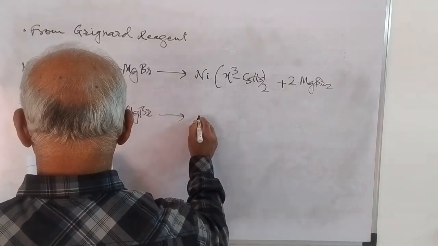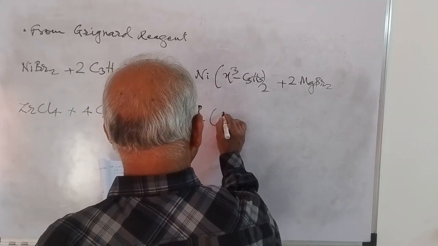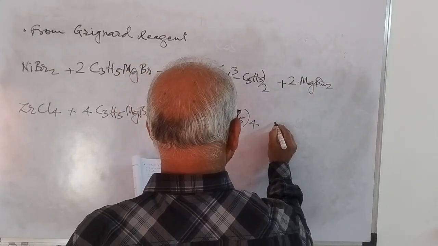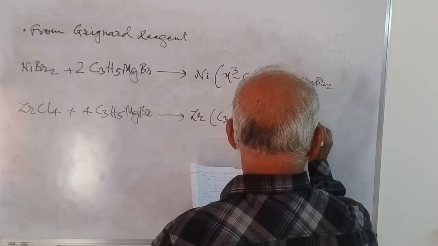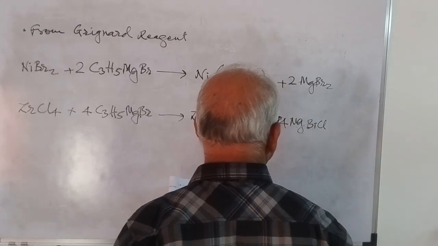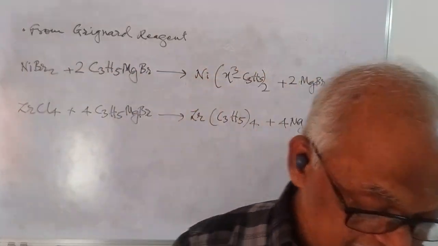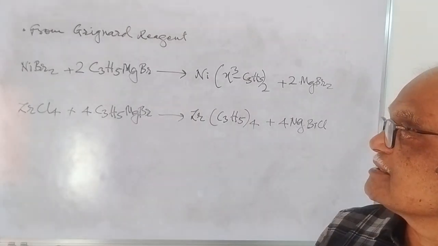It also gives zirconium (C3H5)4 plus 4 MgBrCl. So these are two examples shown for the synthesis using Grignard reagent.